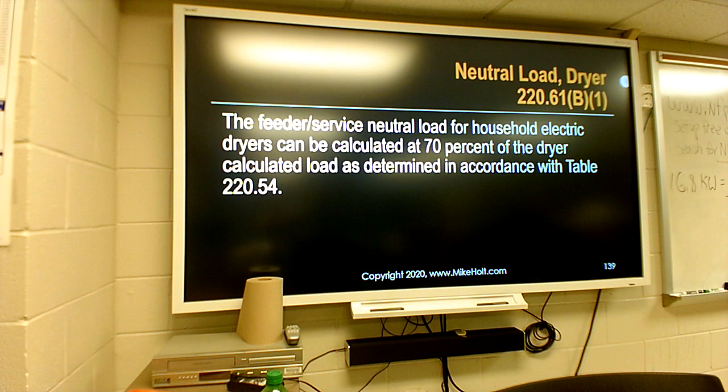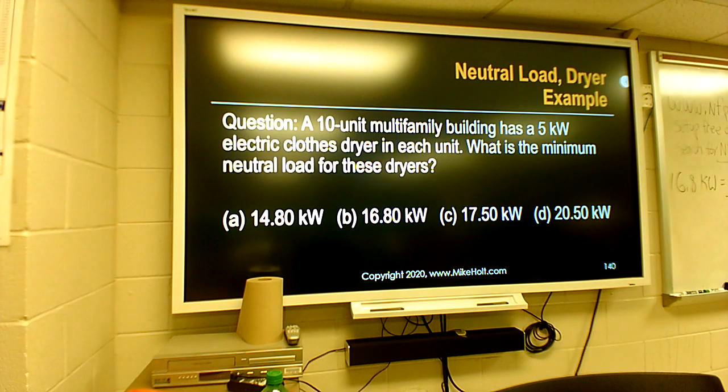Everybody see that? It's a dedicated chart for clothes dryers. In a 10-unit multifamily building, an apartment complex, you've got a 5 kilowatt electric clothes dryer in each unit. What is the minimum neutral load for all of these dryers?